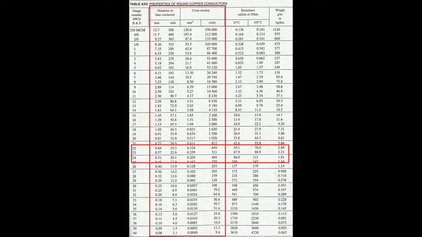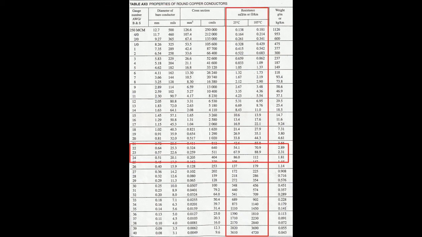You can also get the cross-sectional area of such a conductor, and then the resistance of that particular conductor given a particular distance. It's given in milliohms per meter or ohms per kilometer. You'll notice that the resistance is given at two different temperatures.